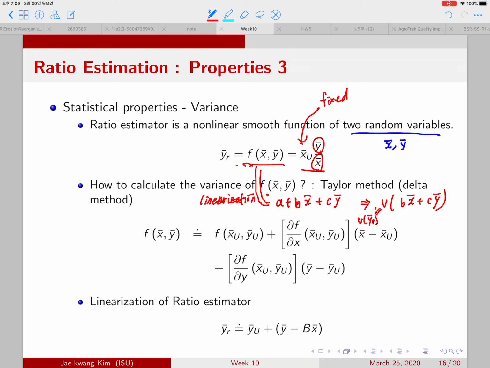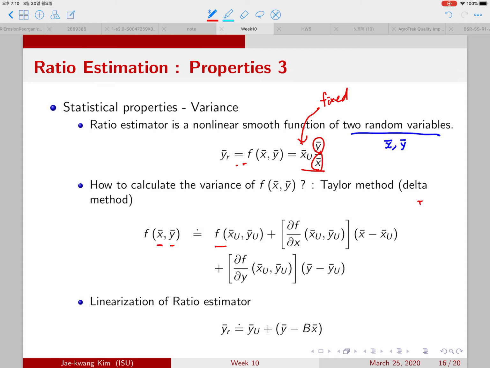And a mathematical tool for obtaining this linearization is the Taylor method. So the Taylor linearization method, and this is the formula for the Taylor expansion. Basically we expand. So this is a function of two arguments, and we expand it around the mean of the two arguments, as a linear function.